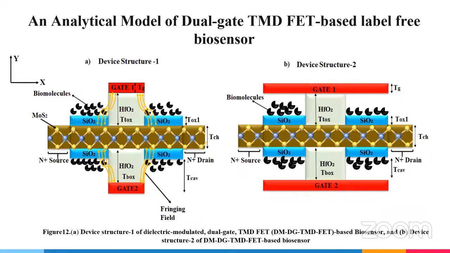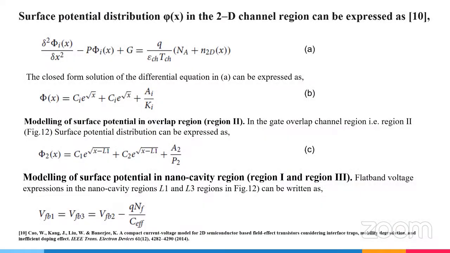Since there is no gate over the cavity in the first, the fringing field will dominate, and in the second structure, with the gate over the cavity, the fringing field will be very less and the gate control will be good. So we have studied both architectures and developed a model for that.